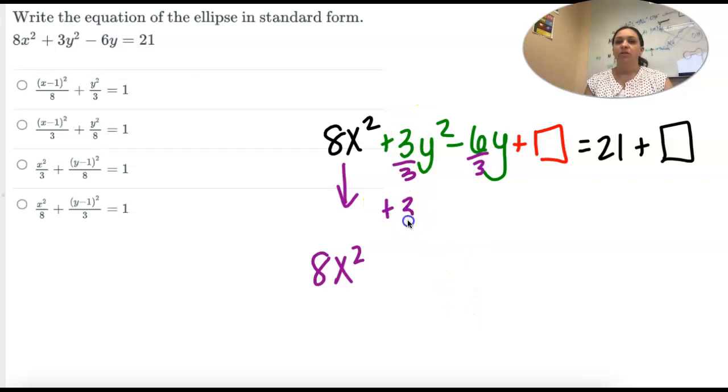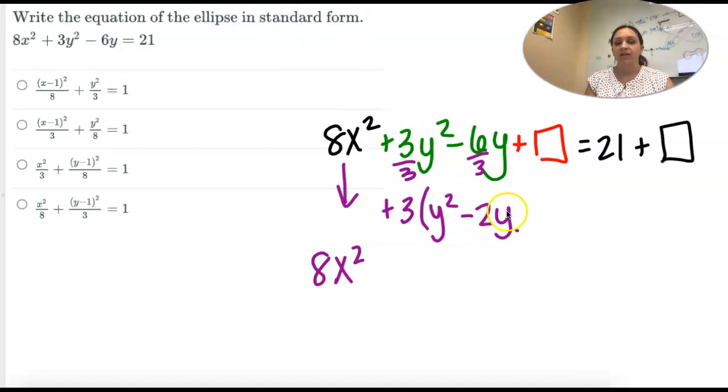So this becomes distributive property backwards. I'm taking out the 3. Now I just have y squared minus 2y. So do you see if I were to distribute that, I'd be back up at the original. Alright, now I can complete the square.